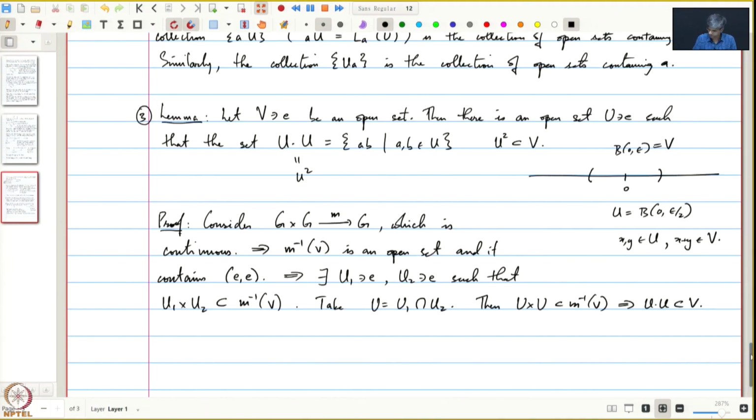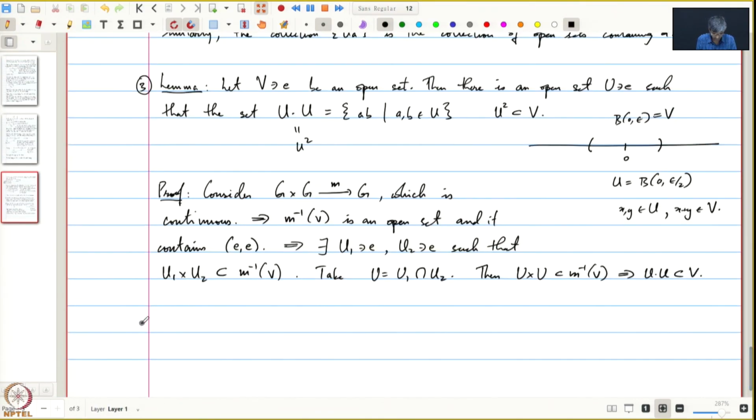Okay, so make the fourth observation. Let V be an open set containing an element X in G. Right?